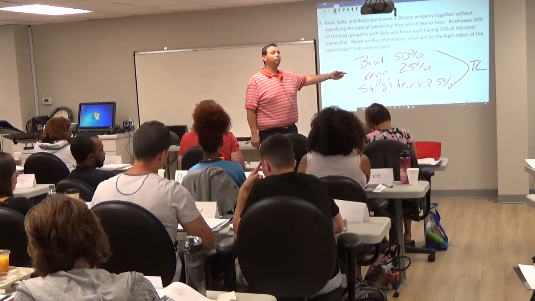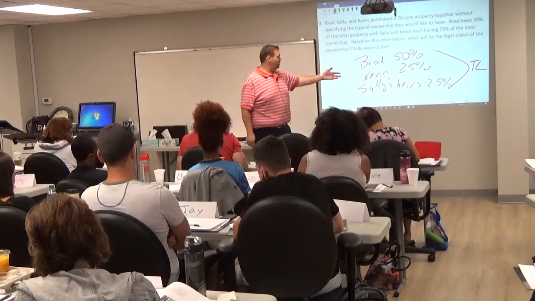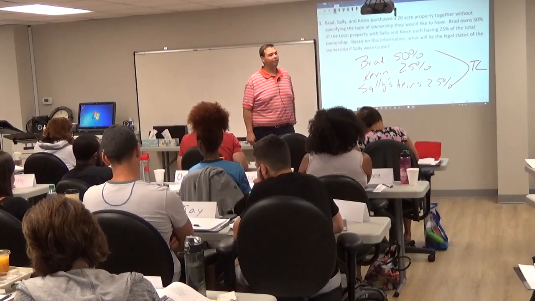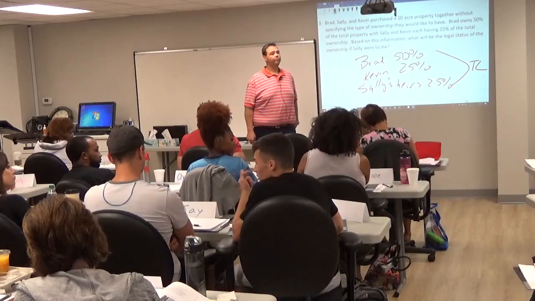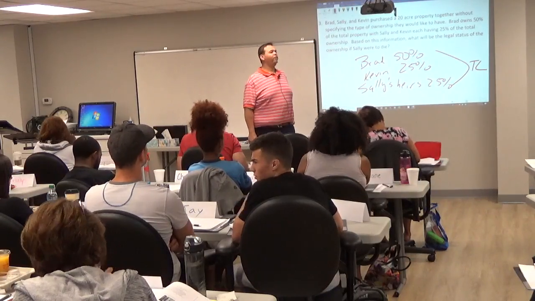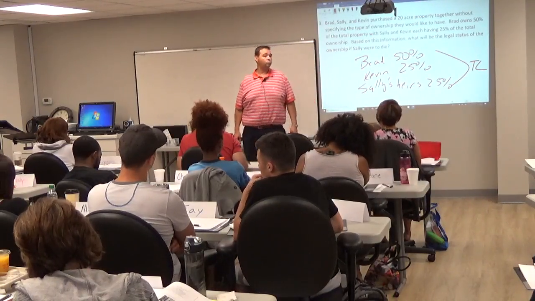Most likely one of the answer choices is going to be that Brad owns 50%, Kevin owns 25%, and Sally's heirs own 25%, all as tenants in common. I only wrote tenants in common. That's fine. If you just wrote tenants in common, that's fine. I just wanted to make sure everybody understood the percentages would stay the same.